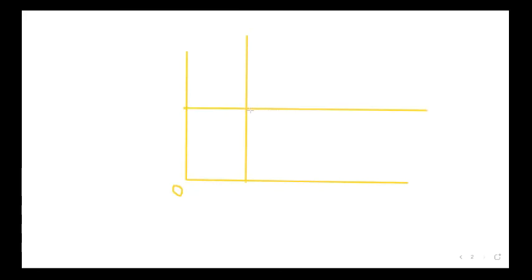Okay. So this point will be P, which is 25, 30, and this will be the x direction, and this will be the y direction.